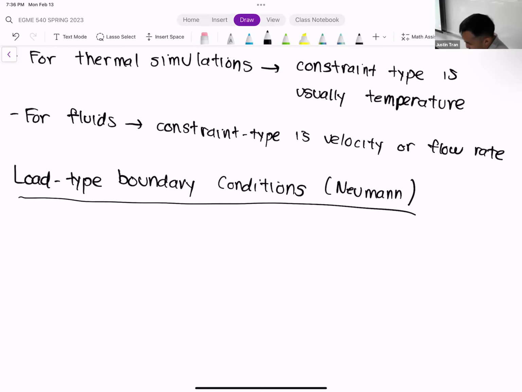Okay, so what are load type boundary conditions? Specifically speaking, they're usually boundary conditions that involve a derivative of some kind. But in the practical FEA sense, I like to think of load type boundary conditions as almost everything else that's not a constraint type.